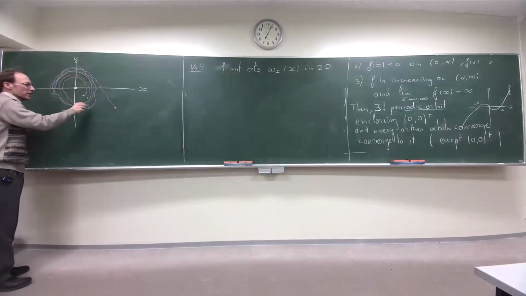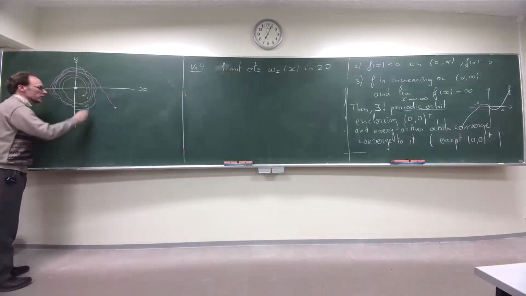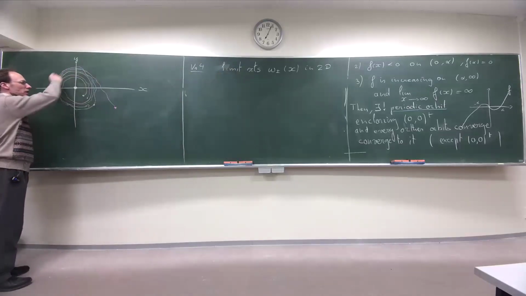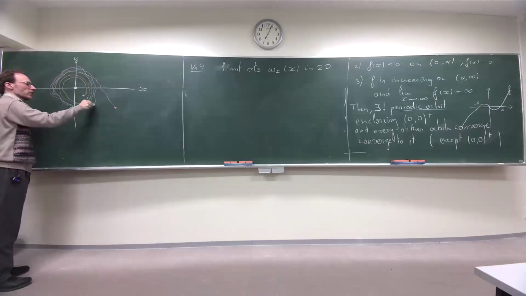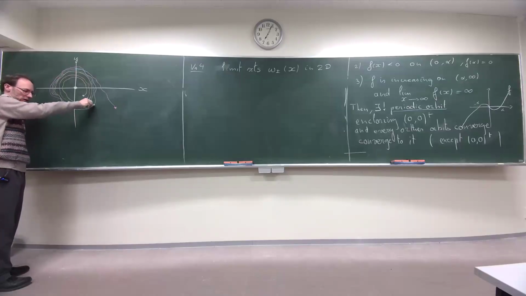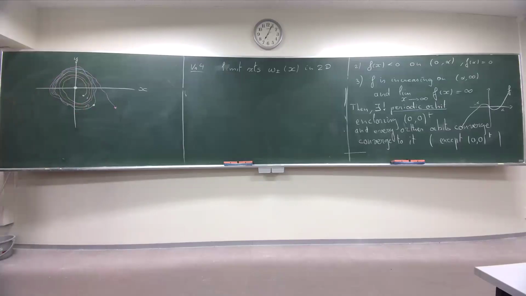So you can find a sequence of times which converge to any point around this one. You can see the yellow one will converge to the blue one. So regularly it will come closer and closer to any point. So this is what happens.